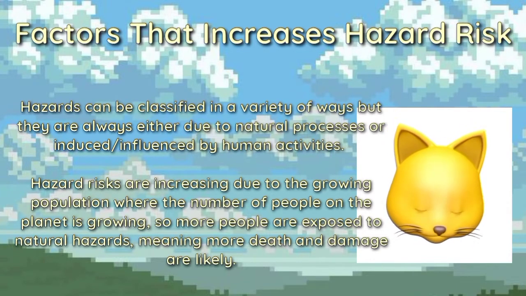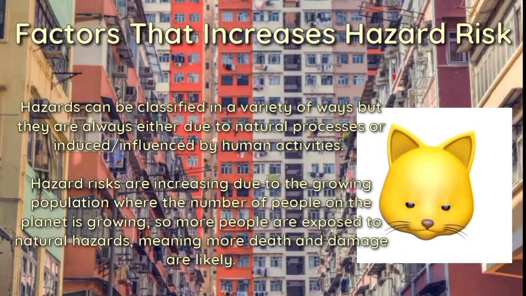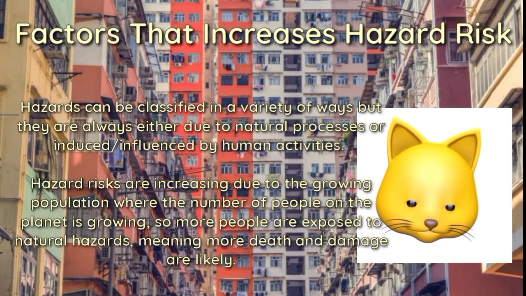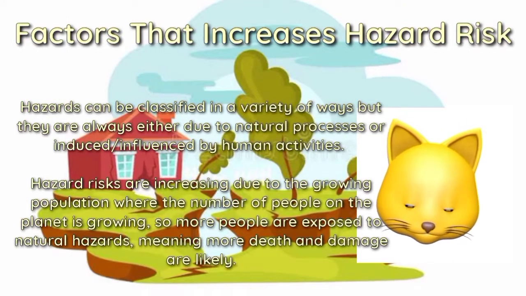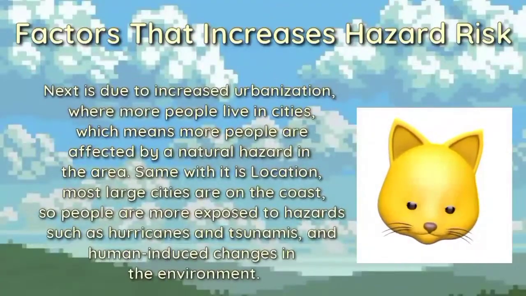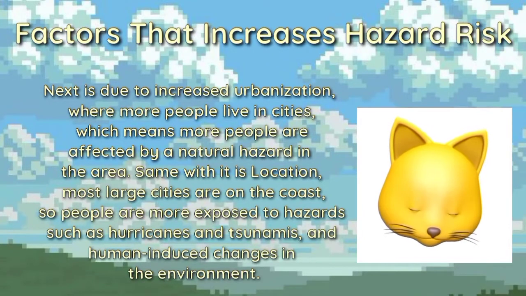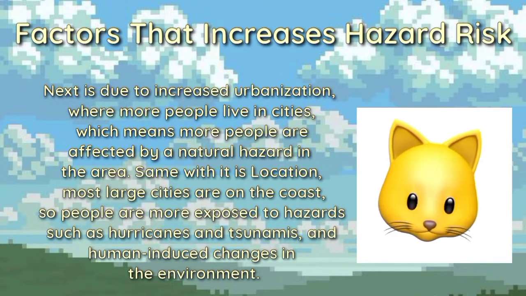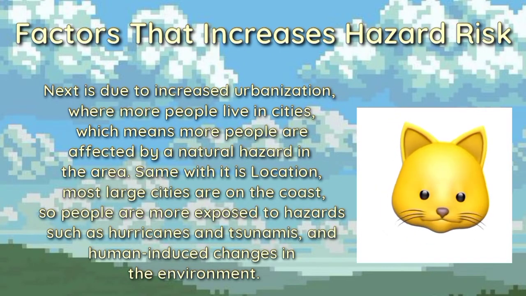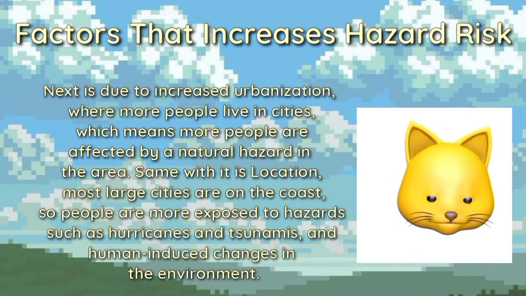Hazard risks are increasing due to the growing population, where the number of people on the planet is growing. So more people are exposed to natural hazards, meaning more death and damage are likely. Next is the increasing urbanization, where more people live in cities. That means more people are affected by a natural hazard in the area.